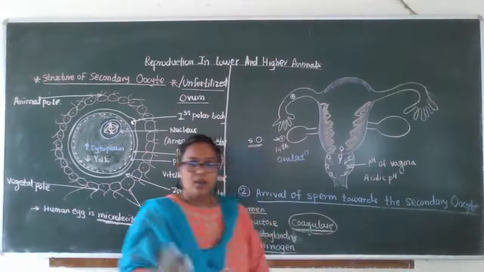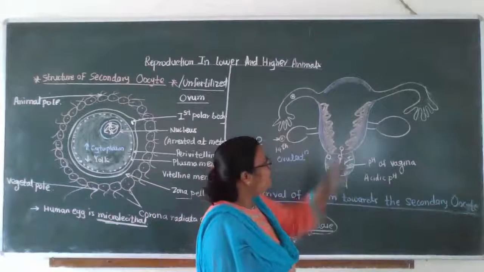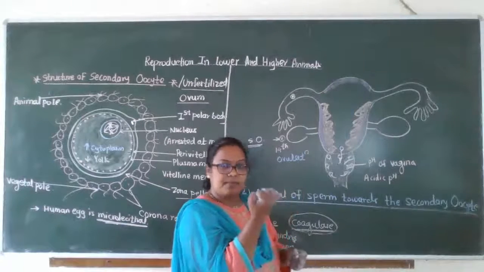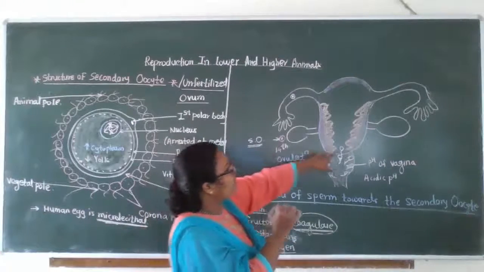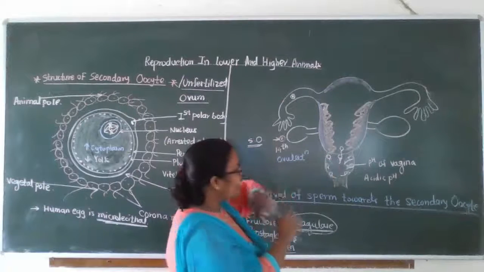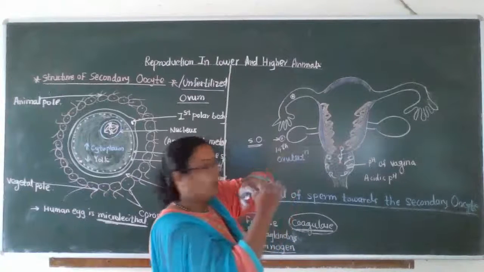Clear? Another obstacle for the sperm to enter the uterus is the cervix. The cervix means the opening of the uterus into the vagina, which is lined by the internal os and external os, which is so tight.